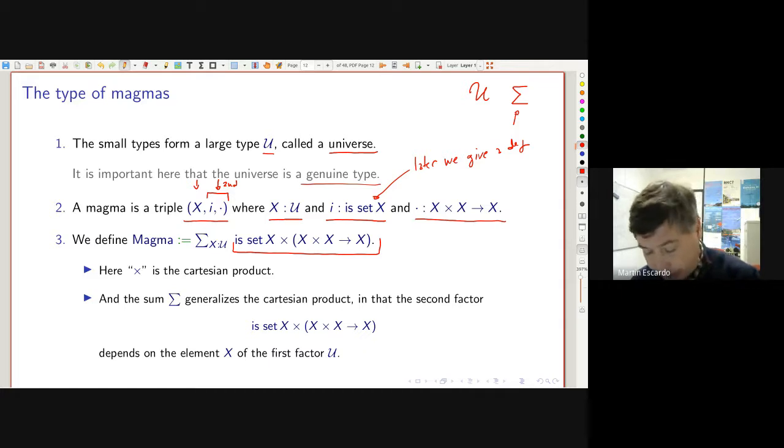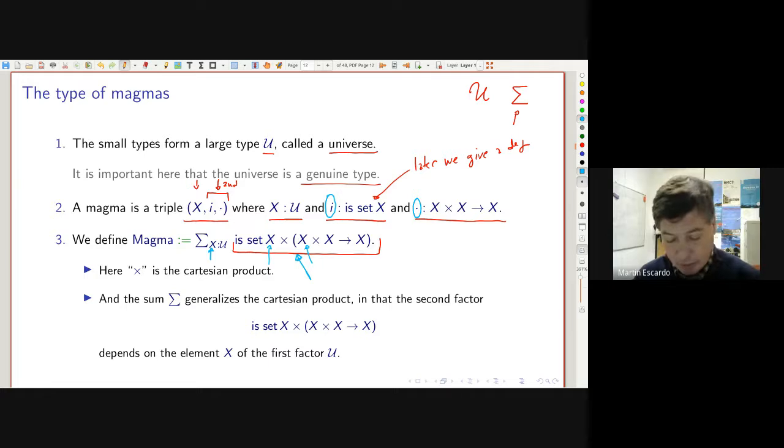And you notice here, let me use another color to emphasize this. The second component, which has these two things here, refers to the first component. So this is an example of a dependent type.